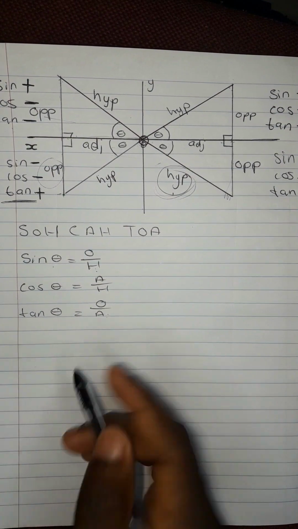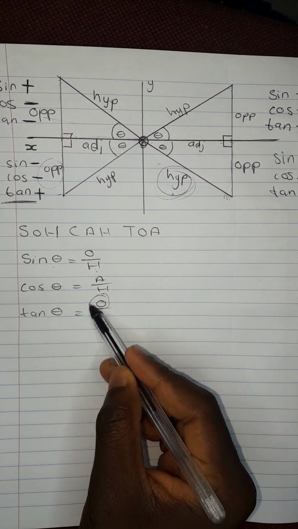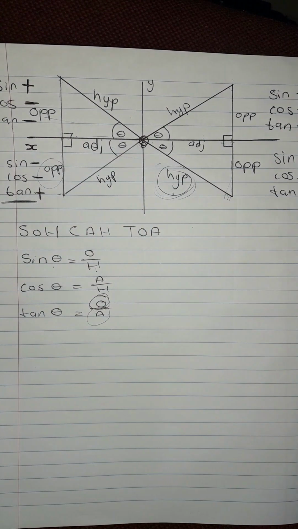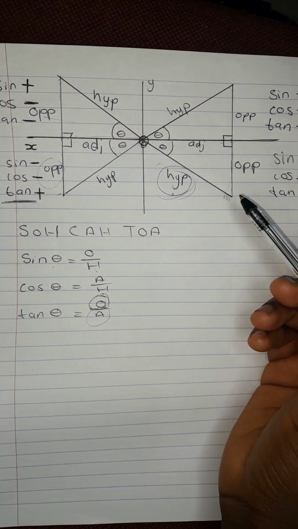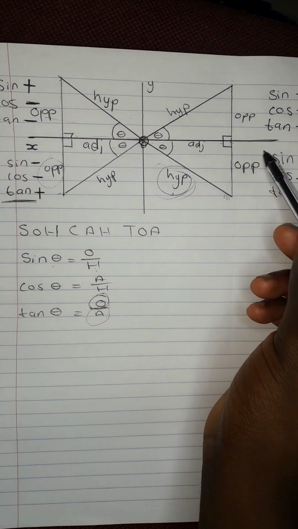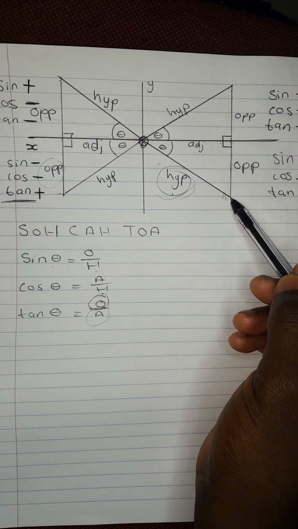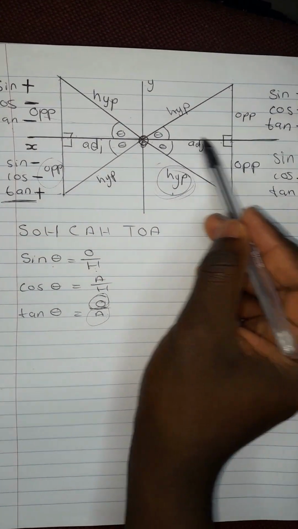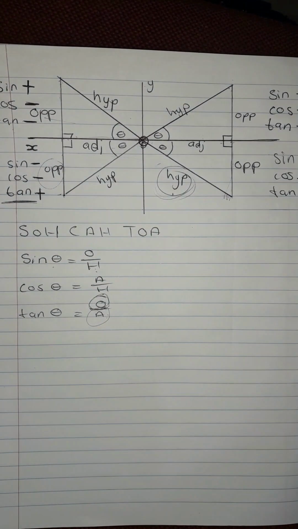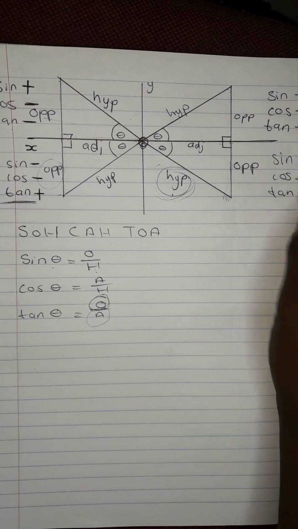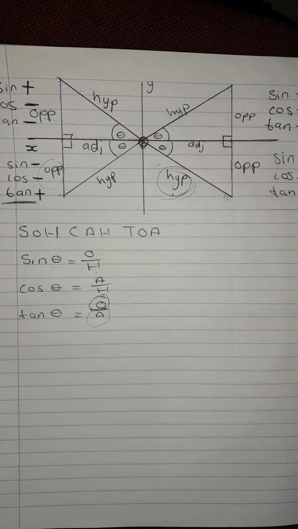My tan tells me that I have to divide my opposite side by my adjacent side. So my opposite side is negative, and my adjacent is positive. Negative divided by positive is negative. Meaning I expect my tan here to be negative.